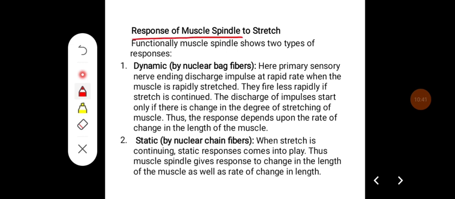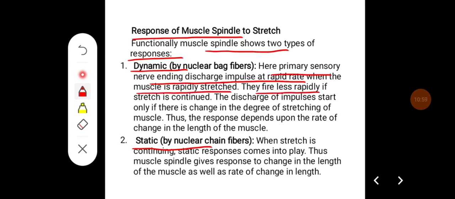Response of muscle spindle to stretch. Functionally, the muscle spindle shows two types of responses, dynamic and static. The dynamic response is by nuclear bag fibers. Here the primary sensory nerve endings discharge impulses at a rapid rate when the muscle is rapidly stretched. They fire less rapidly if stretch is continued.